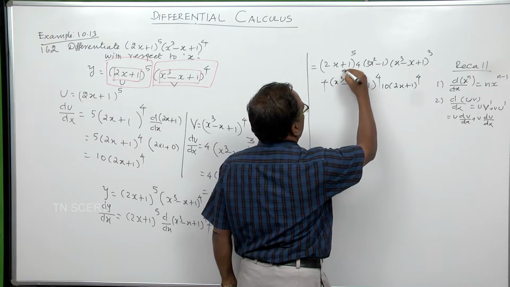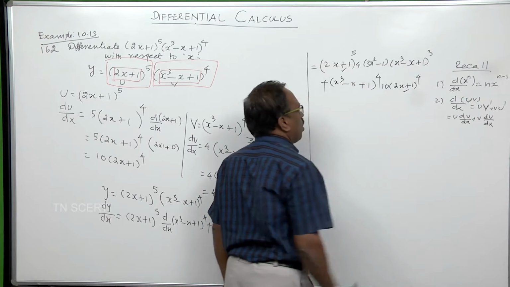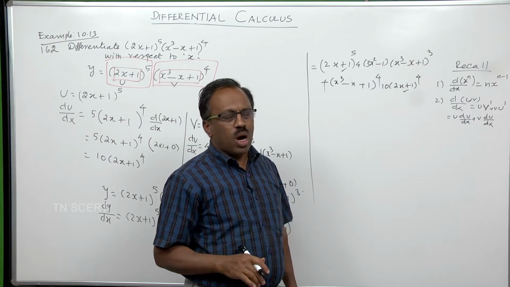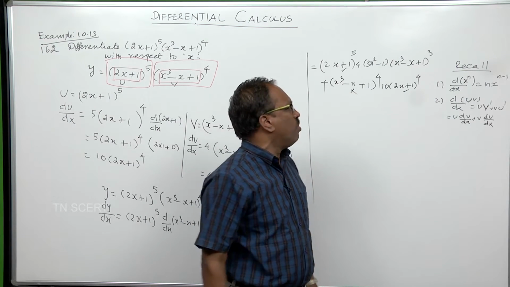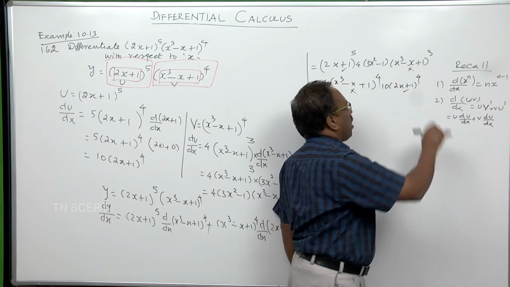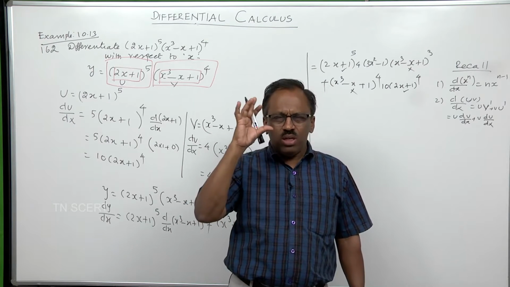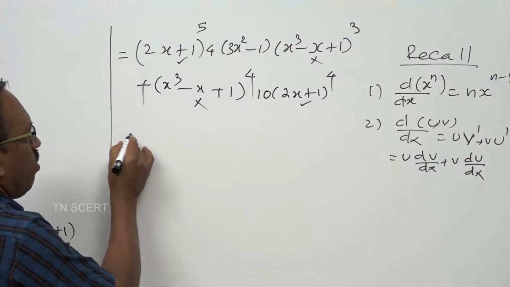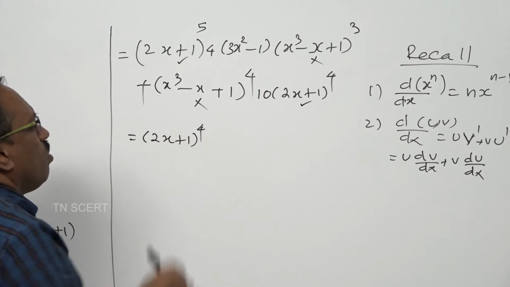Here 2x plus 1 whole power 5, here also 2x plus 1 whole power 4, whichever is the least, take that as common. And here x cube minus x plus 1 whole power 4, here x cube minus x plus 1 whole power 3, whichever power is lower, take that out. That means in the first part, let me take 2x plus 1 whole power 4.